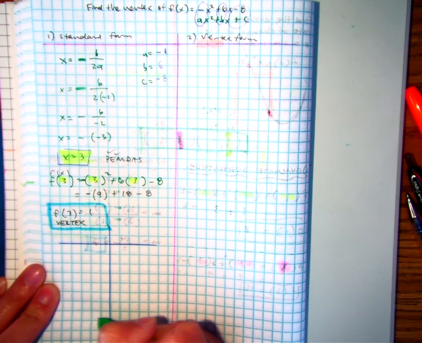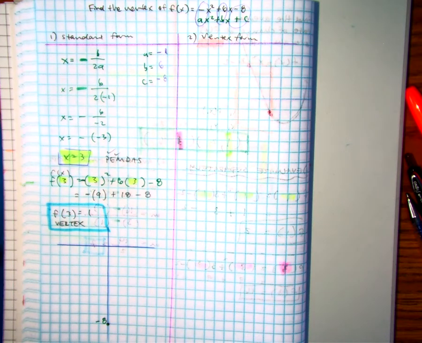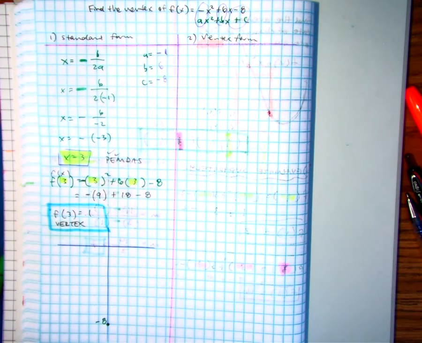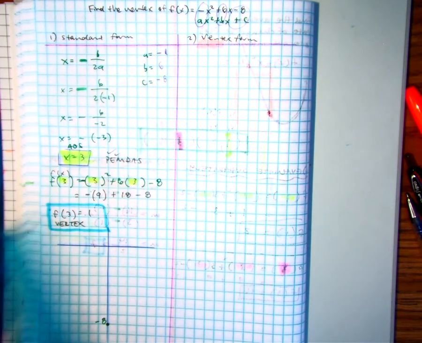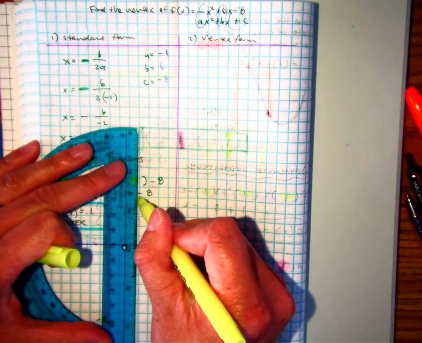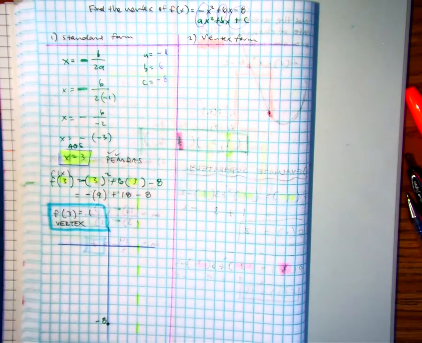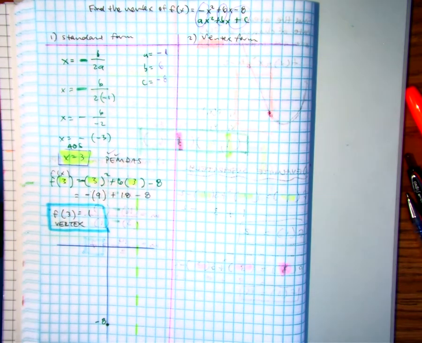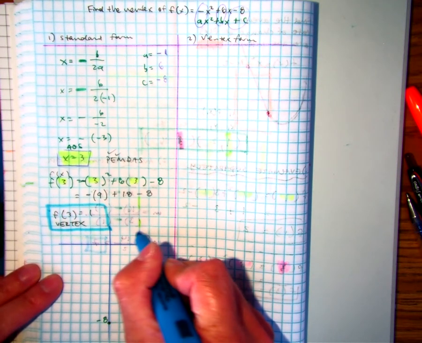This represents my y-intercept. Here, x equals 3 is the axis of symmetry. So let's graph that in yellow. My blue, right 3, up 1 is my vertex.